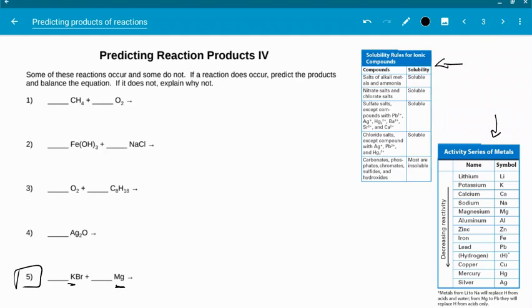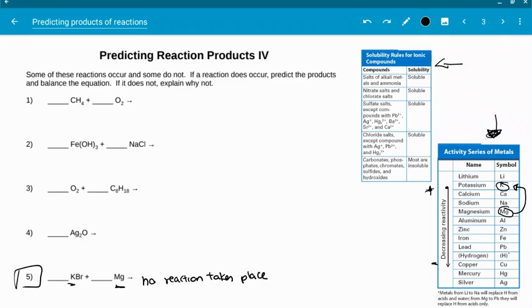And the activity series of metals tells us this, okay? So here we can see potassium and here we can see magnesium. And the list goes from top to bottom, decreasing reactivity. So it's more reactive on the top, less reactive on the bottom. So magnesium is not more reactive than potassium. So in this case, no reaction takes place.